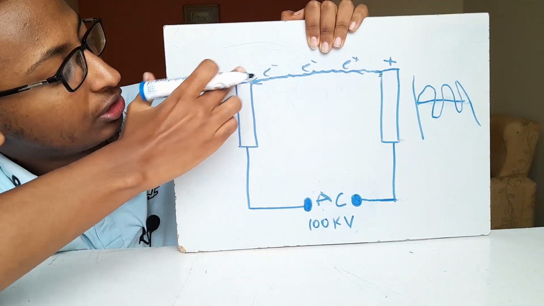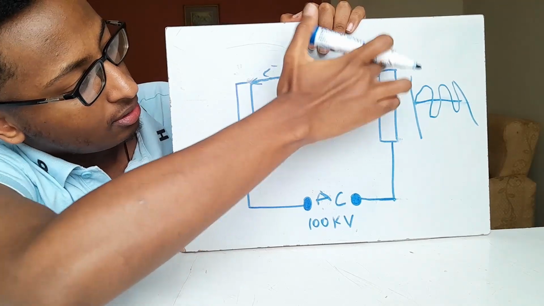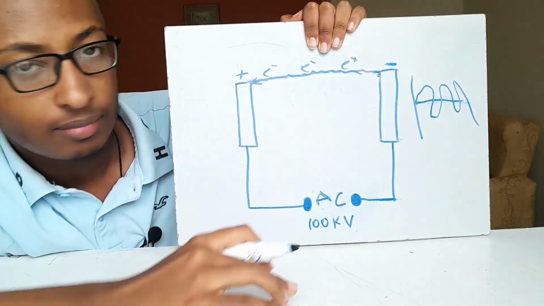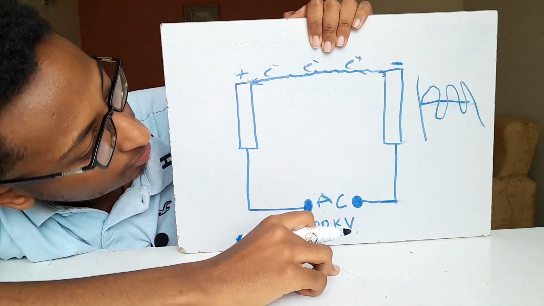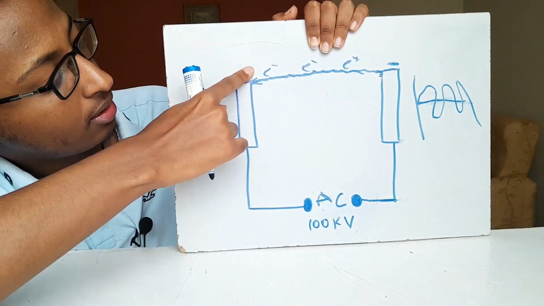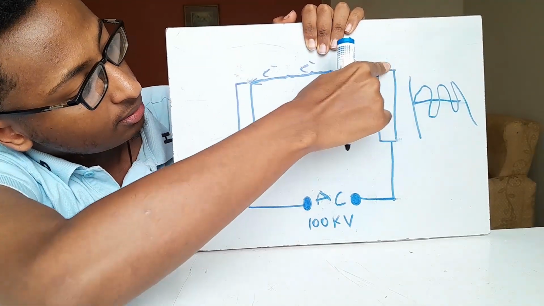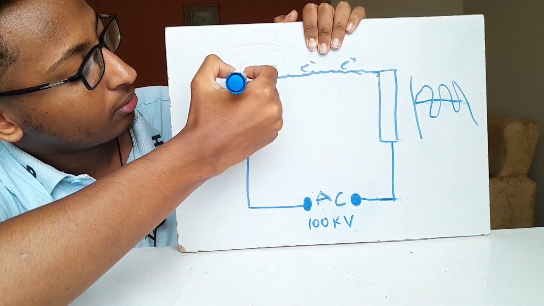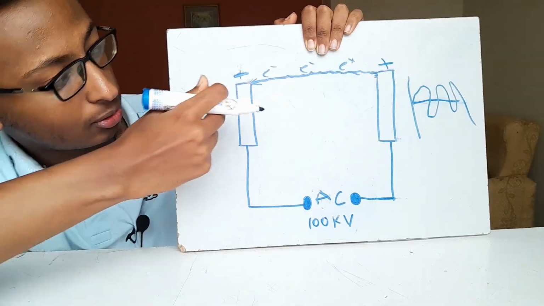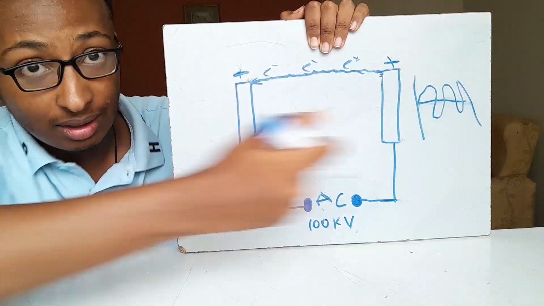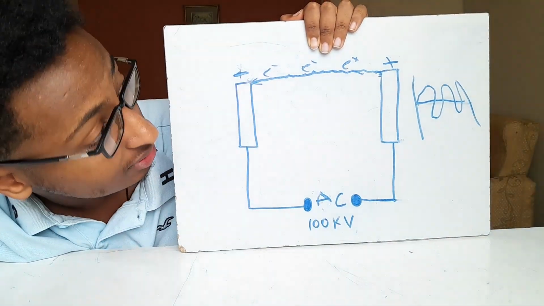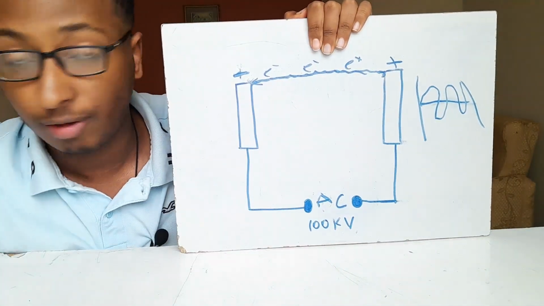So these two change alternately. So this becomes plus and this is minus. Then when this happens, electrons will travel in this direction. And then when this cycle ends, the charges again switch places, which means this is minus and this is plus. So electrons go in this direction, then this. Depending on the frequency, it will switch from one to the other very, very quickly.